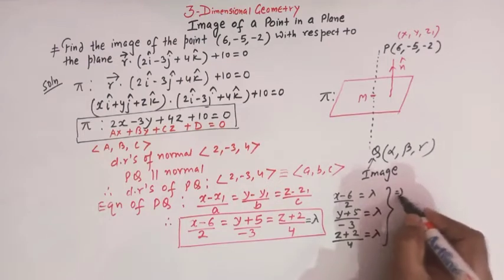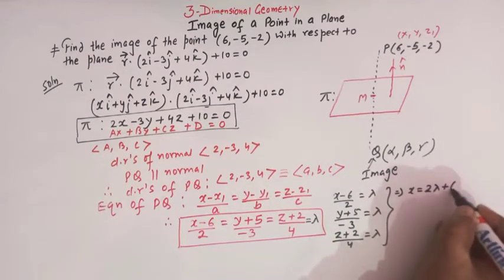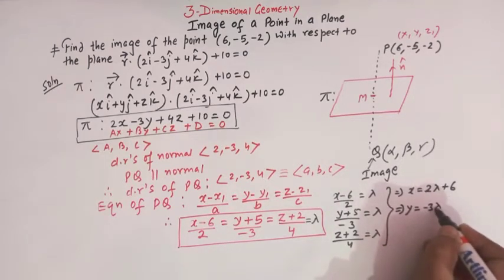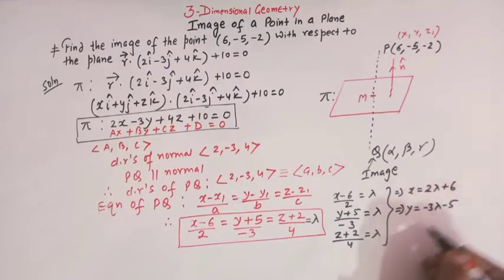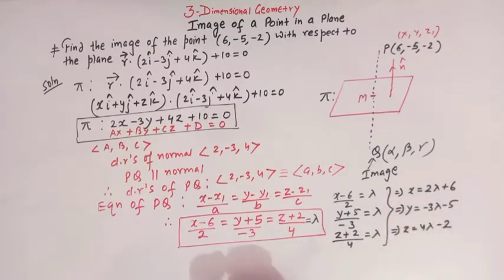From here we have x is equal to 2 lambda plus 6, y is equal to -3 lambda minus 5, and z is equal to 4 lambda minus 2.